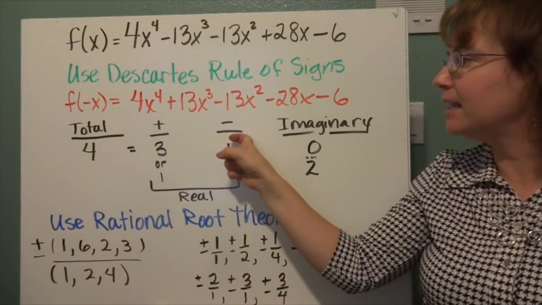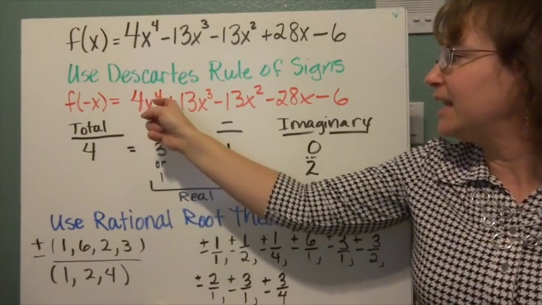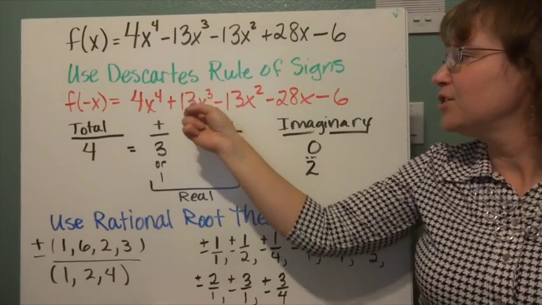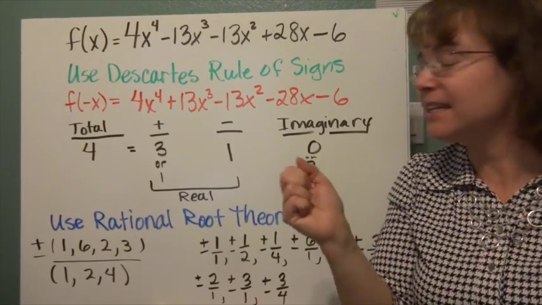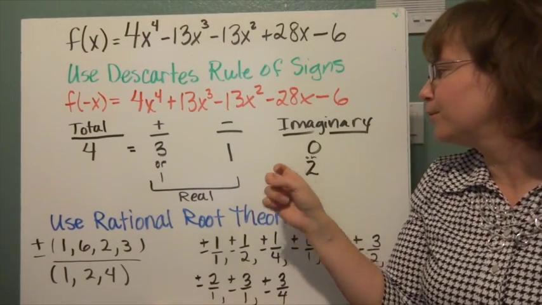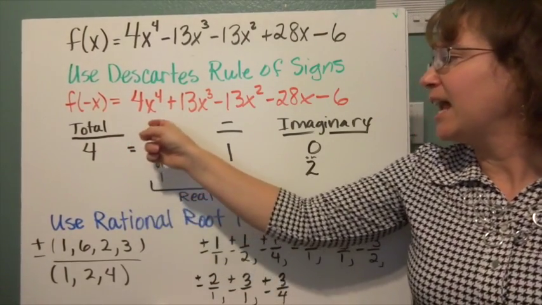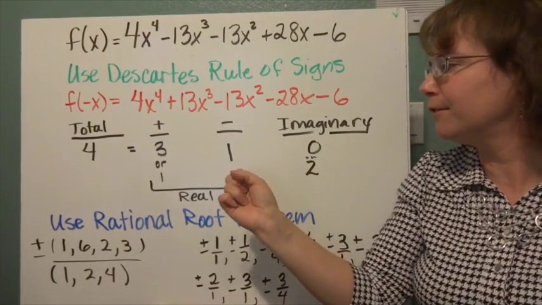Now let's look at negative possibilities. So I'm going to look at f of negative x. And here I only have one sign change right here. So that one sign change tells me I have to have a negative real root. It doesn't have to necessarily be rational, but I definitely have one negative real root. My imaginary roots I'm going to get just from looking at my total and combining my possible positive real roots and my possible negative real roots.